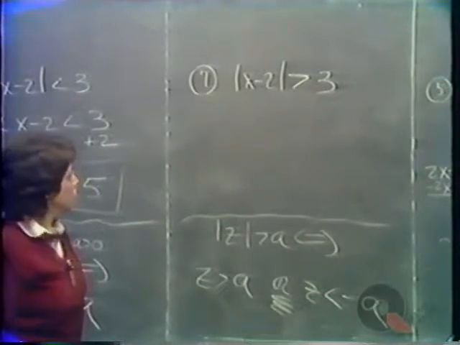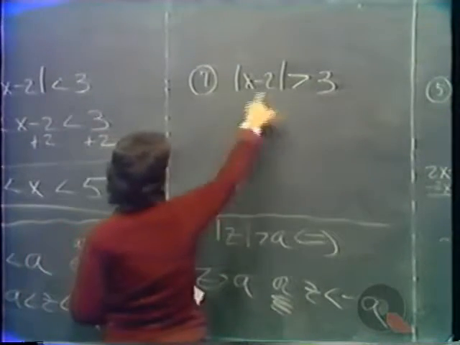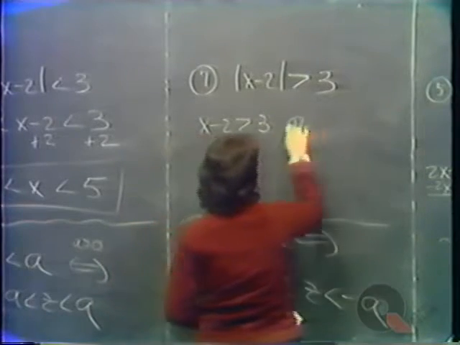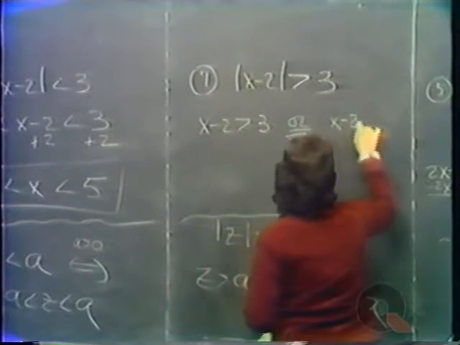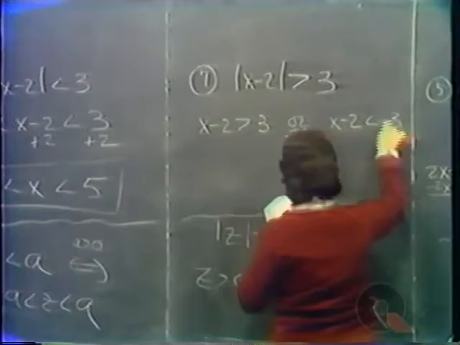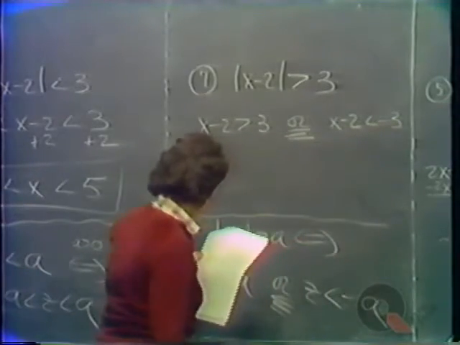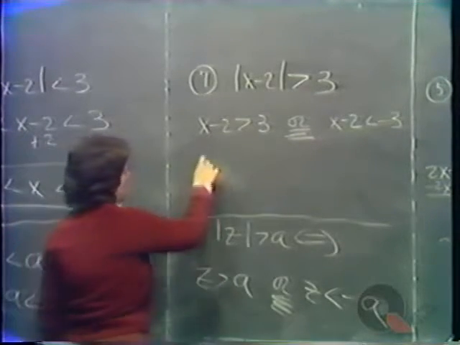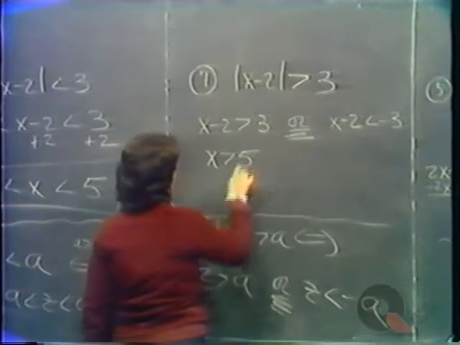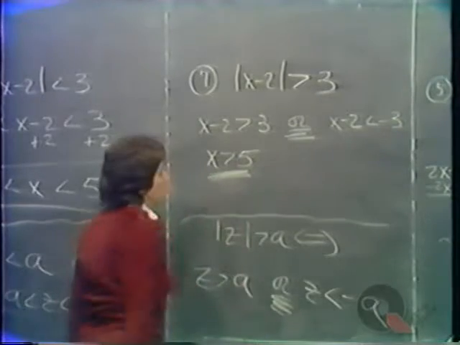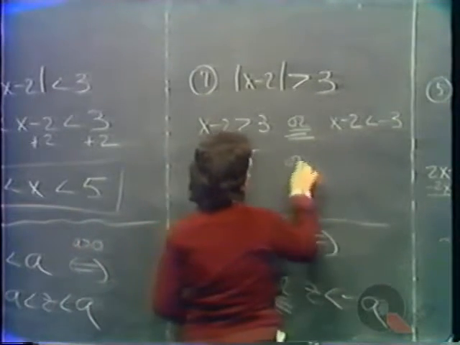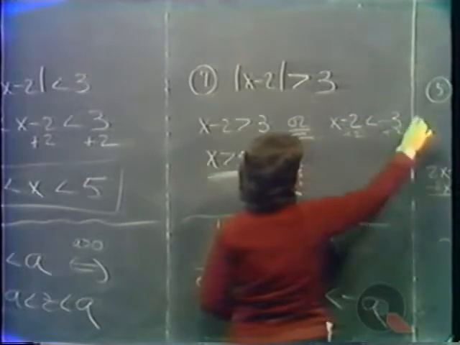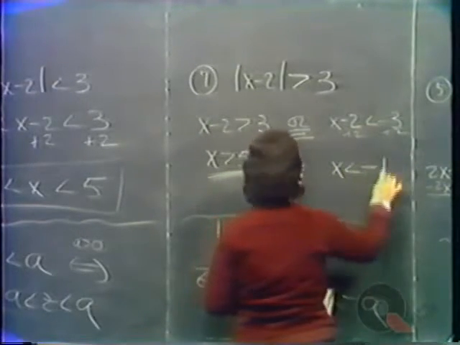Either x minus 2 is greater than 3, or x minus 2 is less than minus 3. In other words, either x is greater than 5, if you add 2 to both parts, or, adding 2 to both parts here, x is less than minus 1.